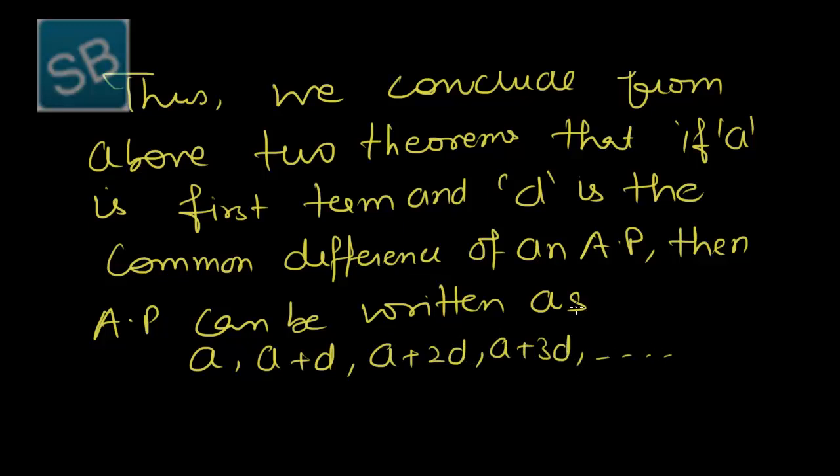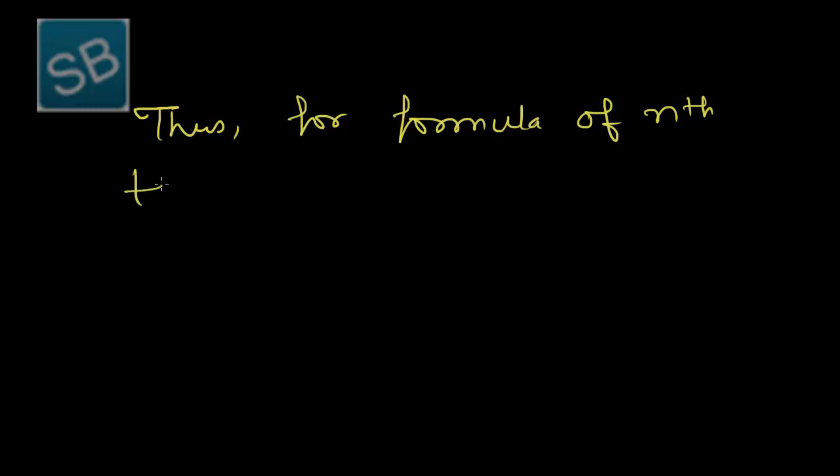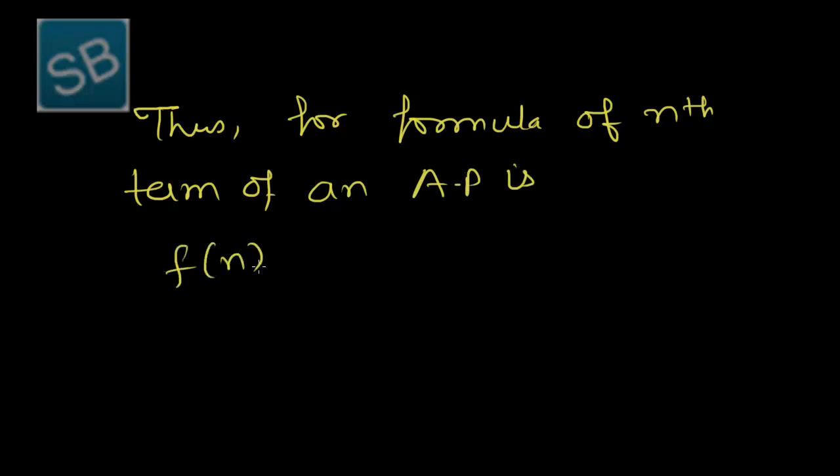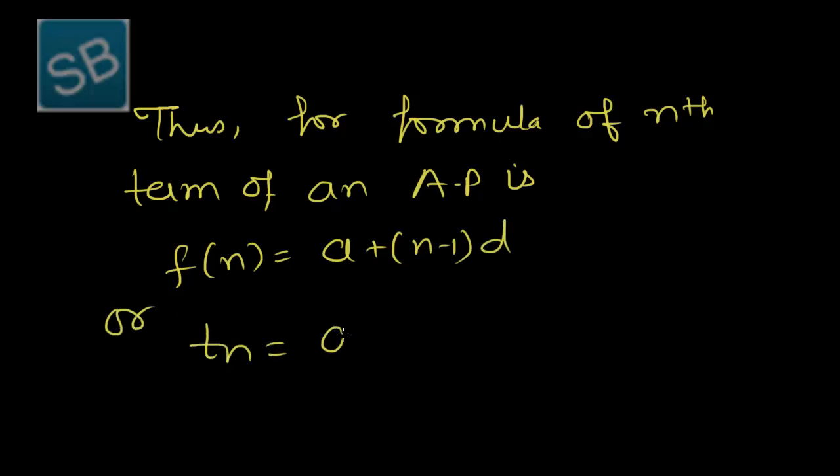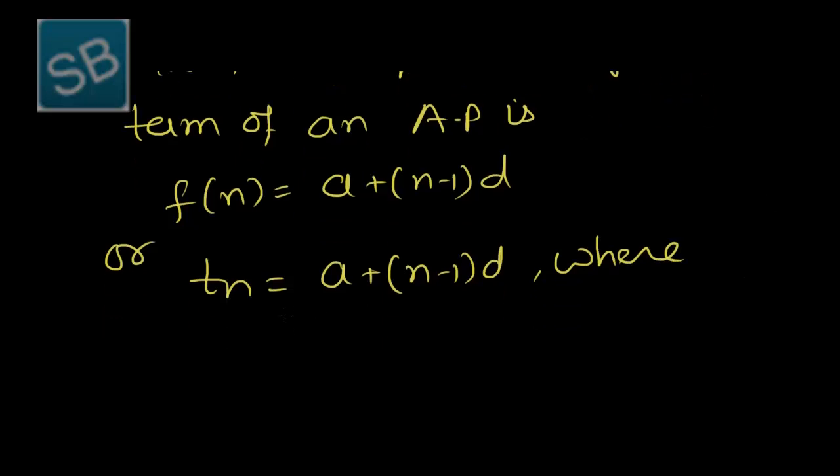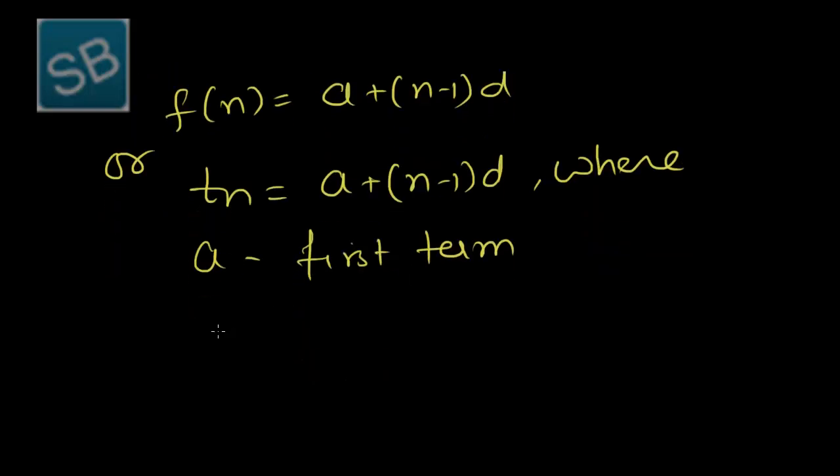So this will become our AP. Thus the formula for the nth term of an AP is f of n is equal to a plus n minus 1 times d, or we can write Tn is equal to a plus n minus 1 times d, where a is the first term and d is a non-zero constant, that is the common difference.